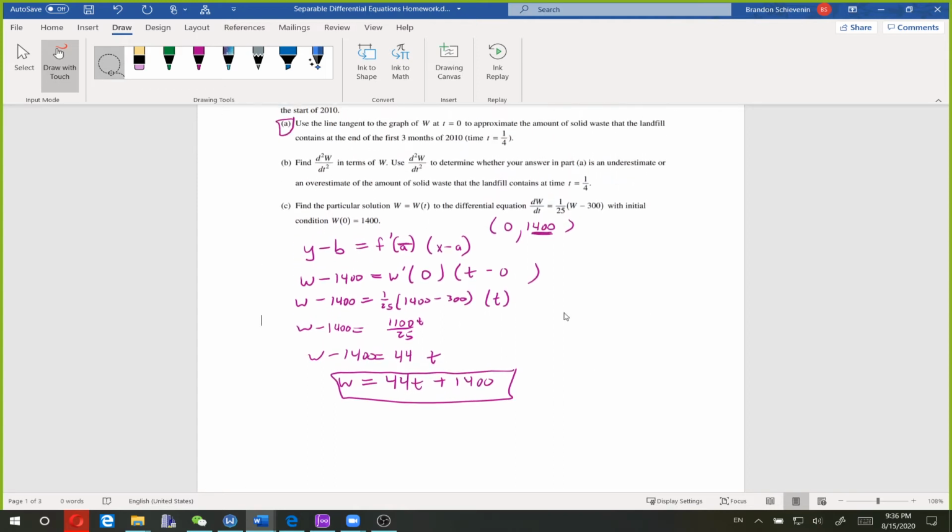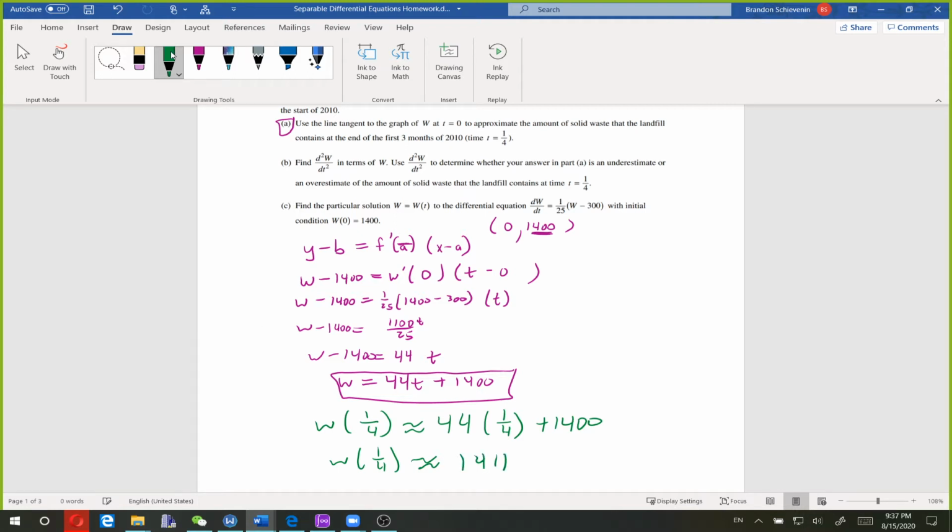I want to estimate what's going to happen to W when t is 1/4. So our estimate would be W when t is 1/4 would be roughly equal to 44 times 1/4 plus 1400, or 11 plus 1400 is 1411.